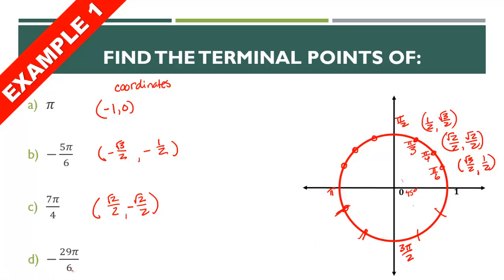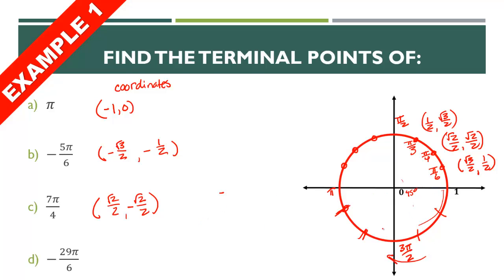Remember, 1 pi over here is 6. So what I would recommend doing, and this is just me, is saying, okay, I know that I can subtract 6 every time I go around 180 degrees. The negative tells me I'm going this way.